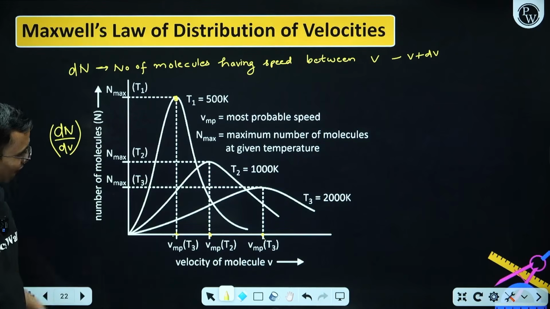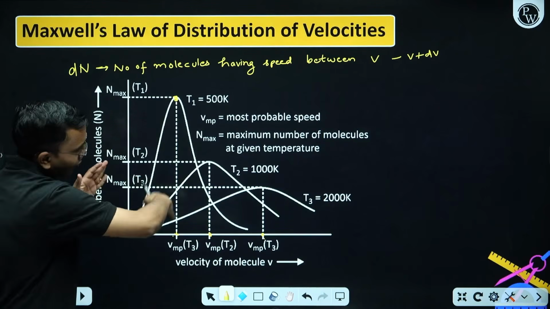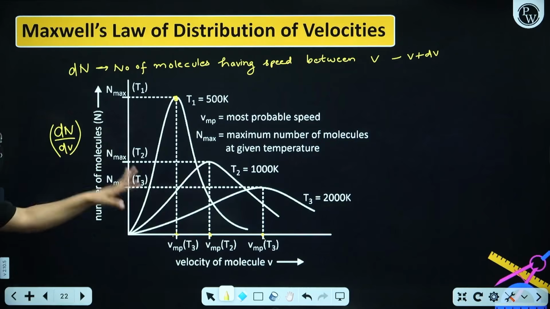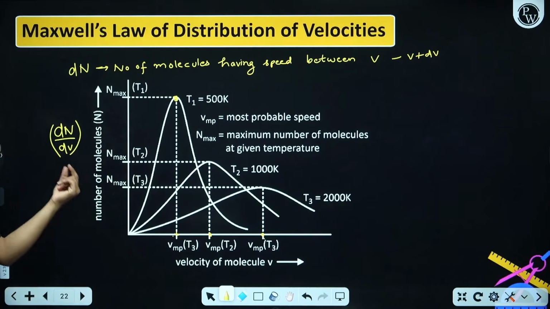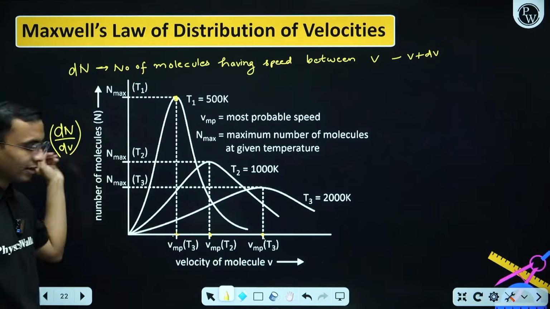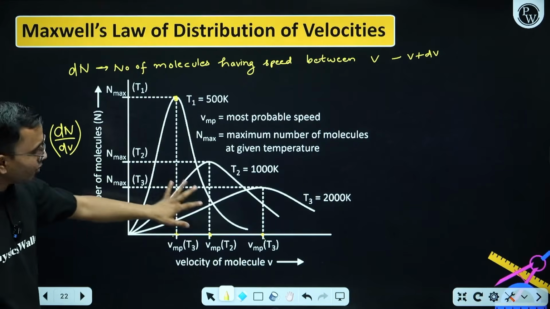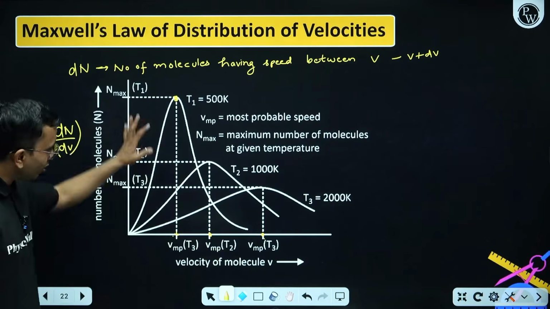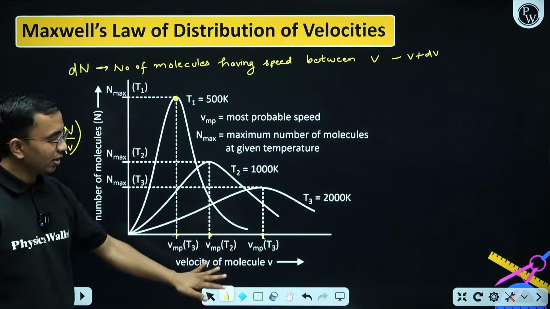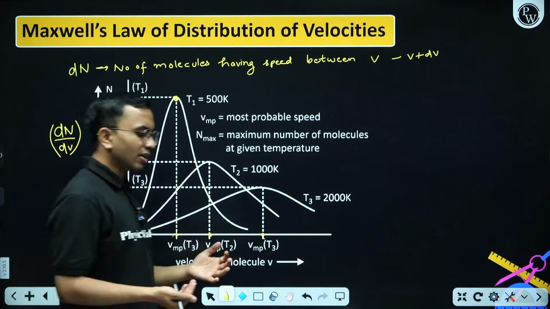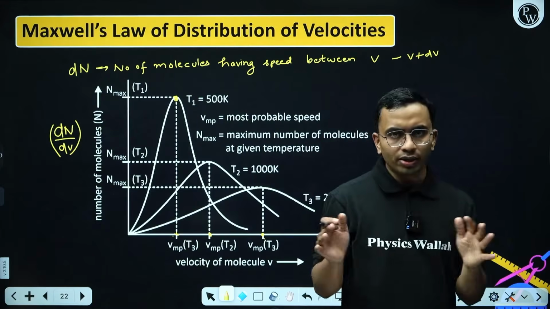If you find the area under this curve, what will it be? dN by dV into dV, its integration will just give you the number of molecules. So the total number of molecules is equal to the area under this curve. There is an expression for this curve, but it is complicated and not needed for us.